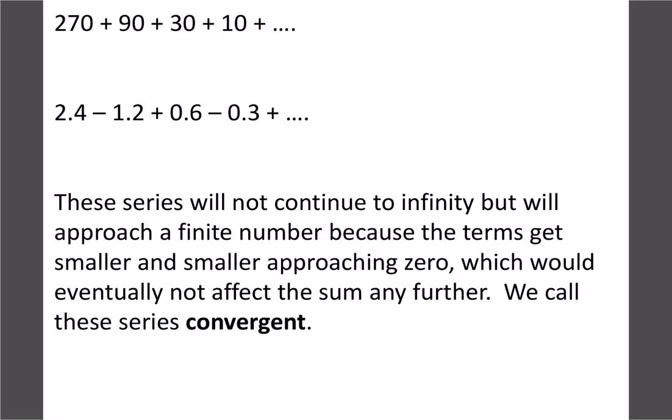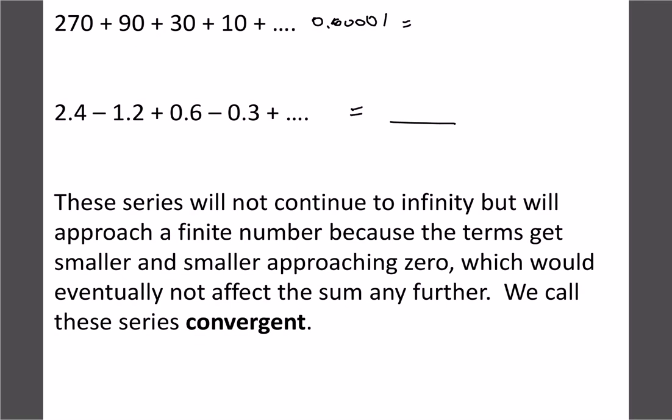But if our numbers get smaller, so if we go from 270, divide by 3, we get 90, divide by 3, we get 30, and so on, this is going to get smaller and smaller. Eventually, we'll get such a small decimal that it's not going to do anything. And it doesn't matter, again, if we go positive, negative. If the numbers are getting smaller and smaller, they will actually have some sort of final sum.